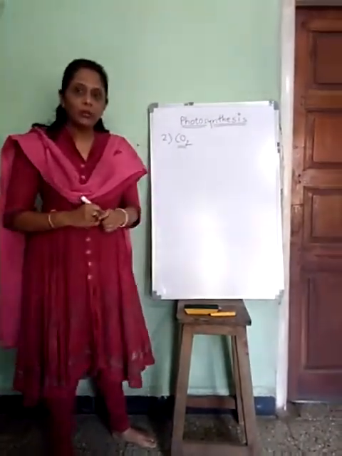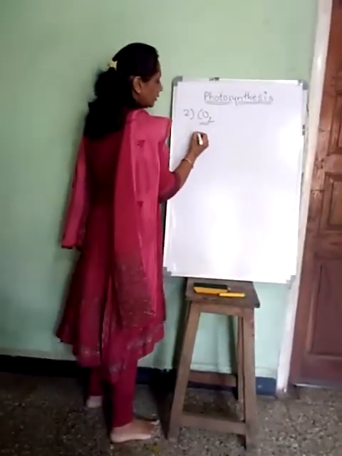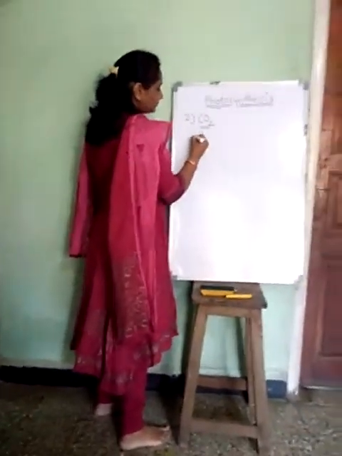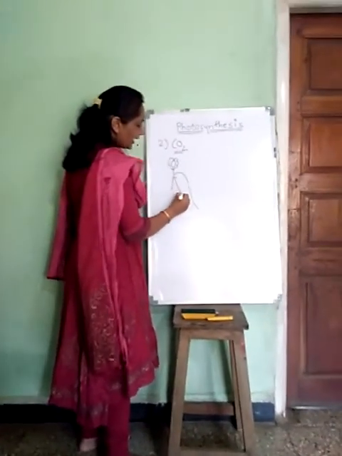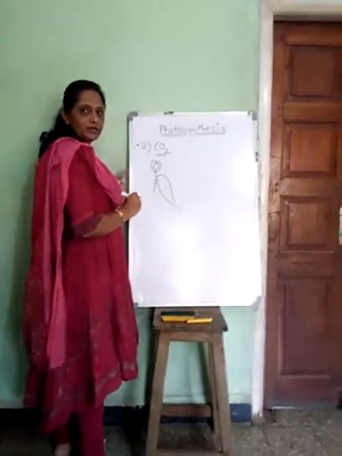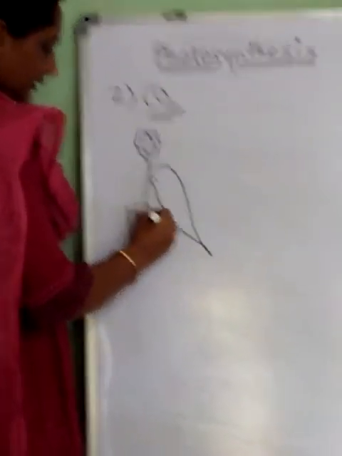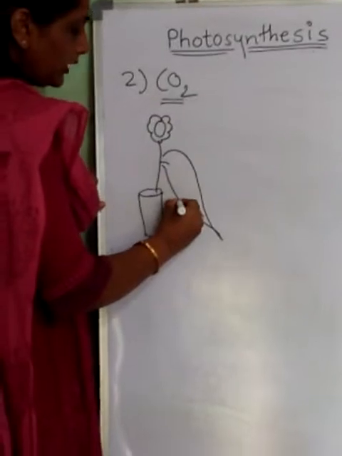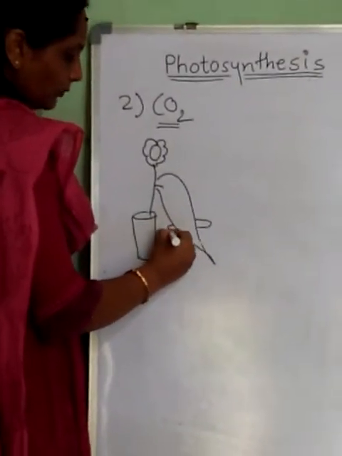Yes, we are going to take a potted plant, but with a different arrangement. Here we are going to take this potted plant which has a very long and wide leaf. We are going to dip half the portion of this leaf in a wide mouthed bottle.